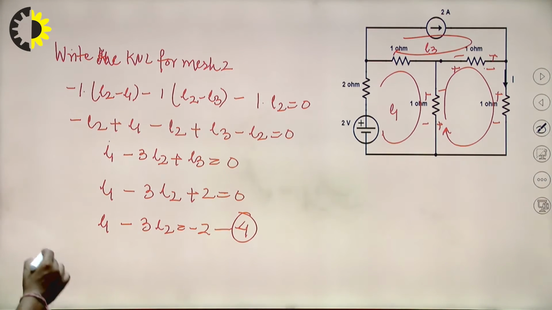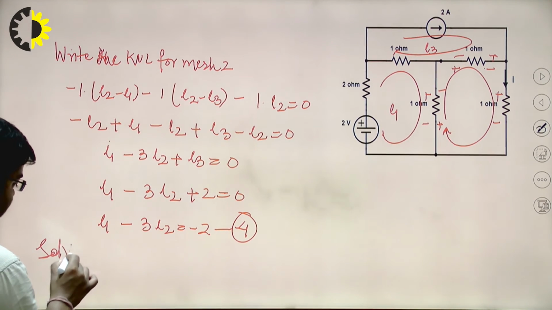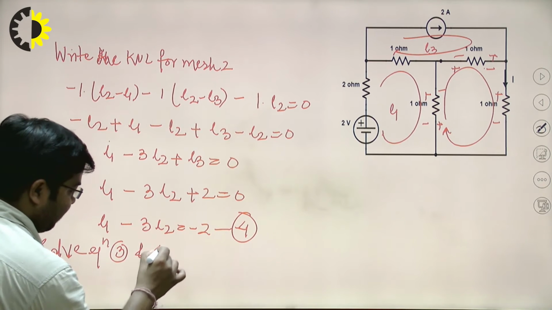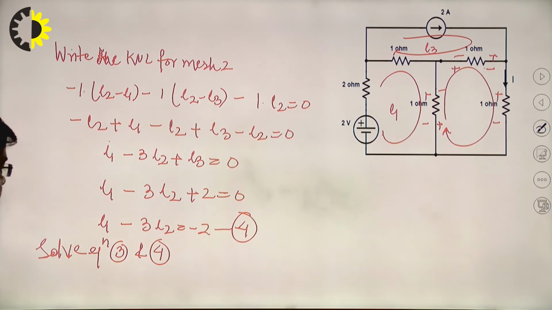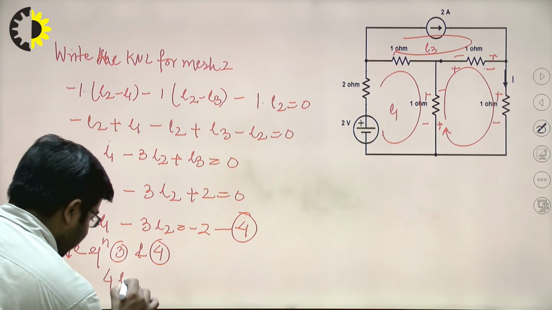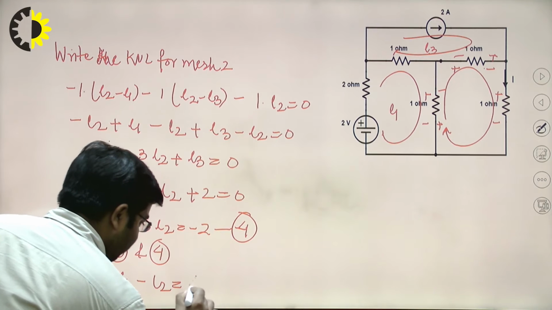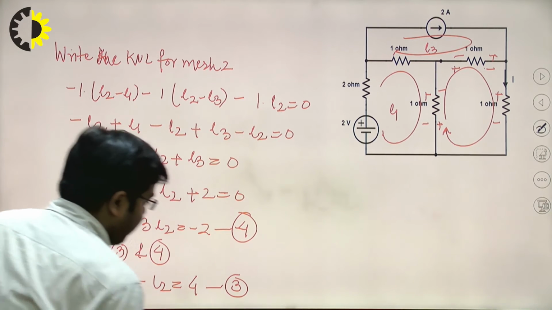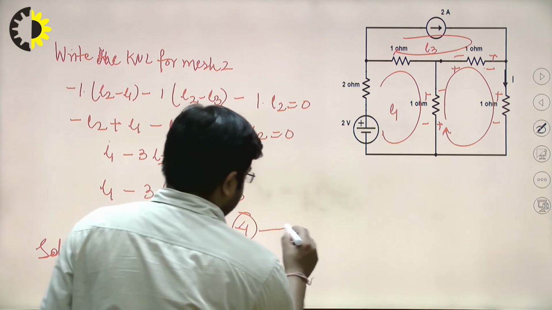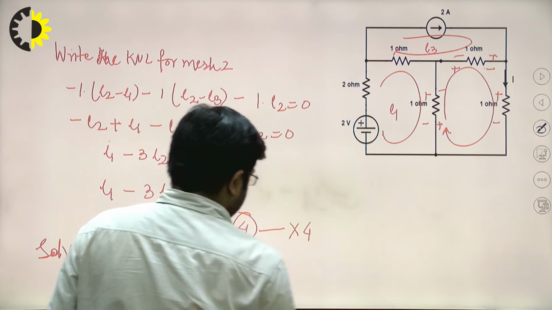Now solve equation number 3 and 4. You have equation number 3, 4I1 minus I2 is equal to 4. Now multiply equation number 4 with 4.